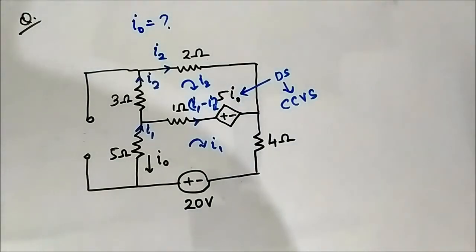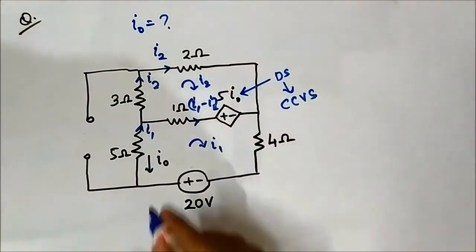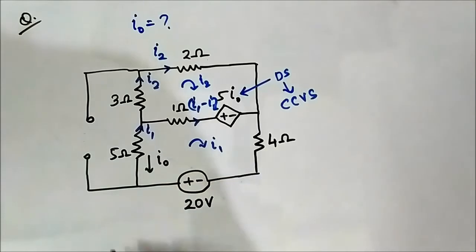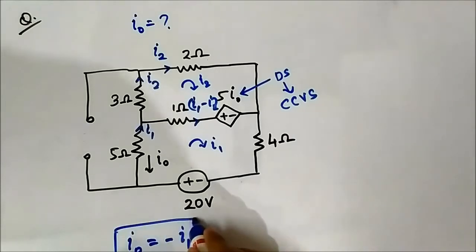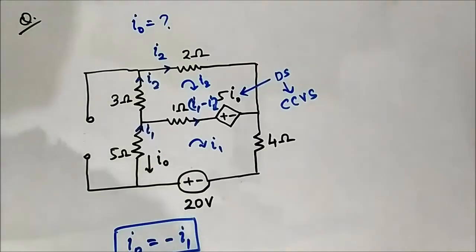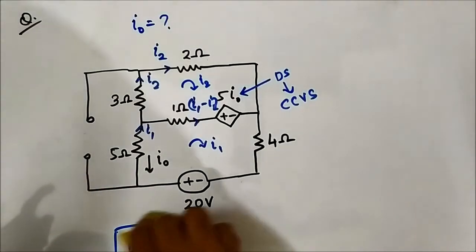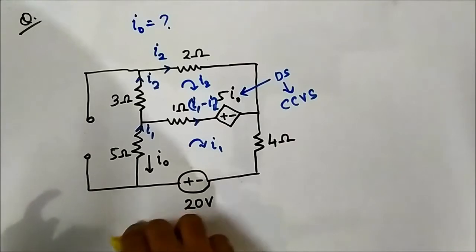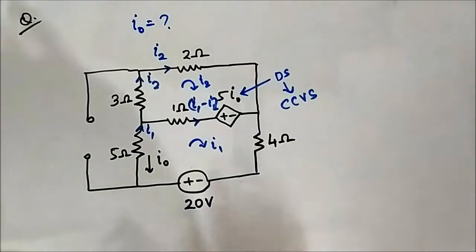Okay, and if you follow here, this current I0 is in the opposite direction to I1, so we can write I0 is equal to minus I1. This is very important. Let us write it here at the top, because the space will be required to write the equation.